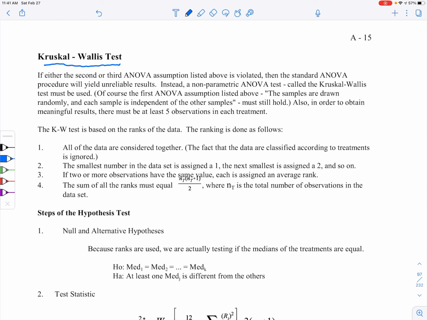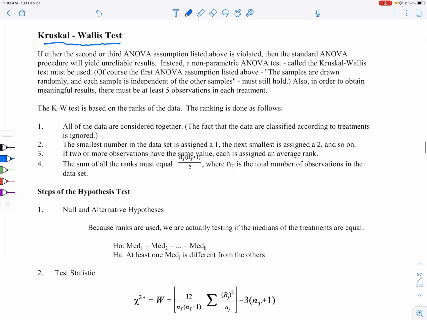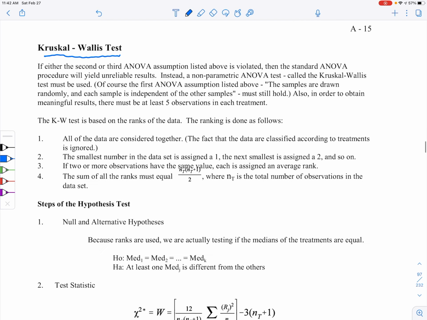So we're going to get into that in a lab video, but at this particular point, all I want you to note here is that if the second or third condition fails, that is the normality fails or homogeneity of variances fails, then it means that we end up using a Kruskal-Wallis test.